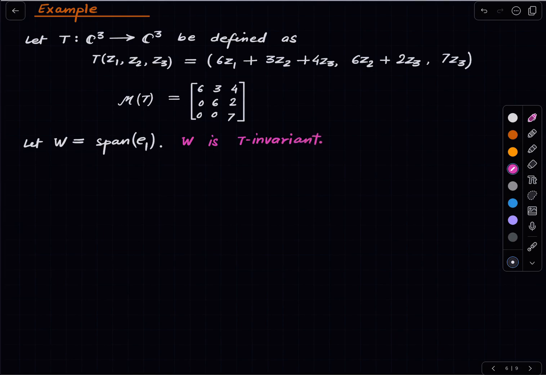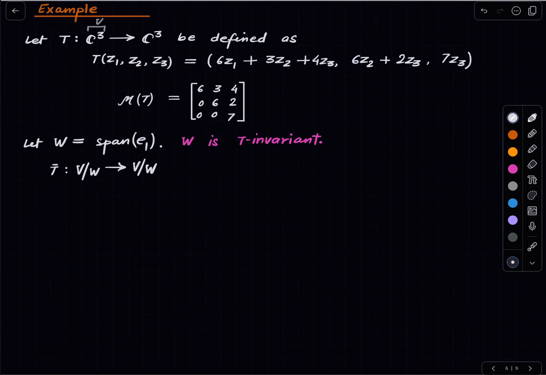And what is the corresponding thing on the quotient? Let's call this vector space V. So we have V mod W as the quotient space and the corresponding endomorphism on it.